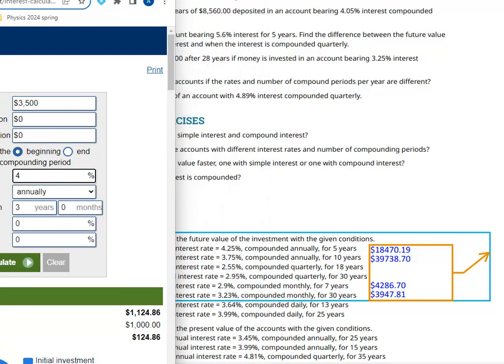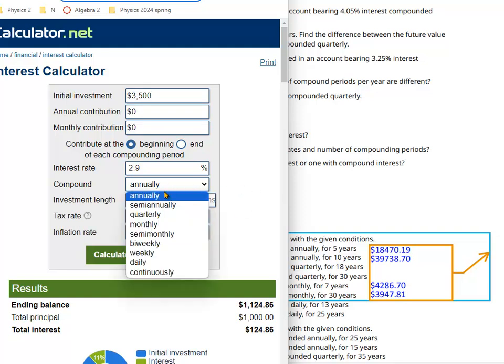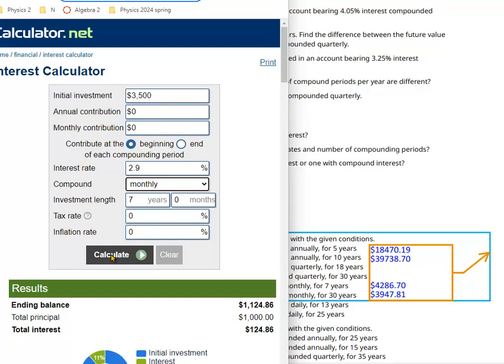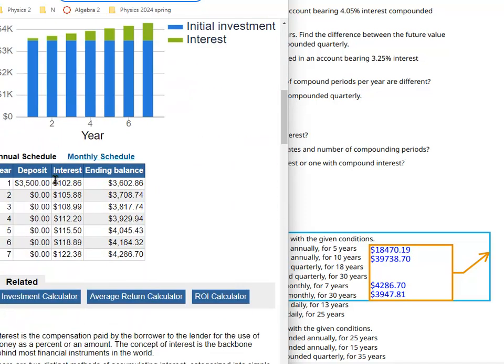Let me double check. Yep, 2.9% it says there. The investment length is 7 years. And this time around it compounds monthly. There we go. Calculate. And scroll all the way down after 7 years.